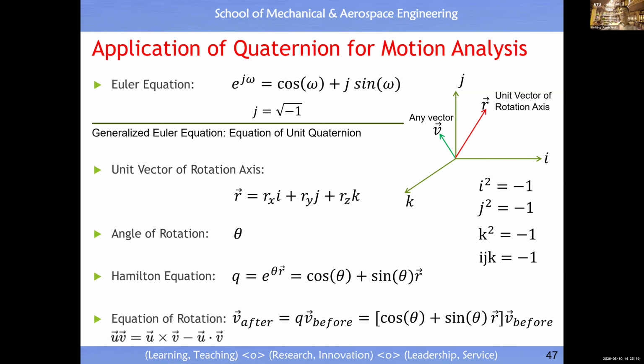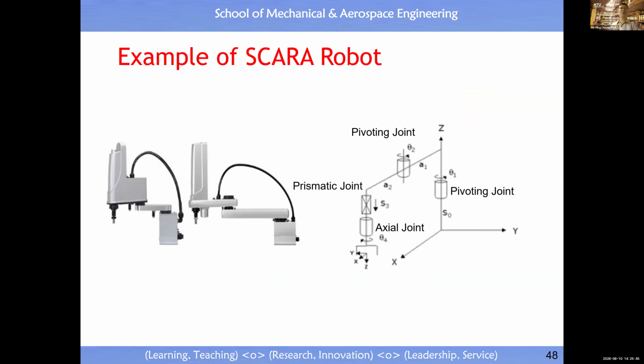Very, very simple, right? So this is a very, very efficient mathematical tool for you to describe rotational motion about any axis. And this tool is actually an extension from the Euler equation. I guess all of you are familiar with the Euler equation, because in control theory you have learned what the Euler equation is. Okay, this is just for you to know.